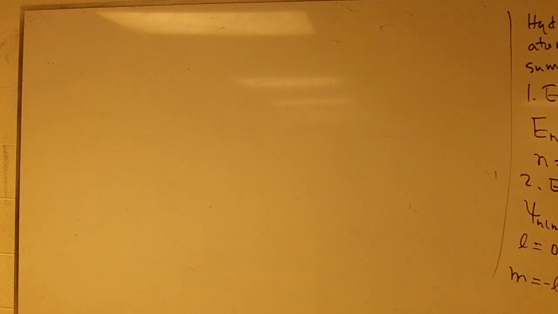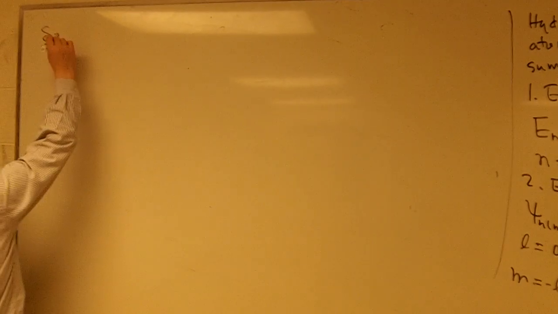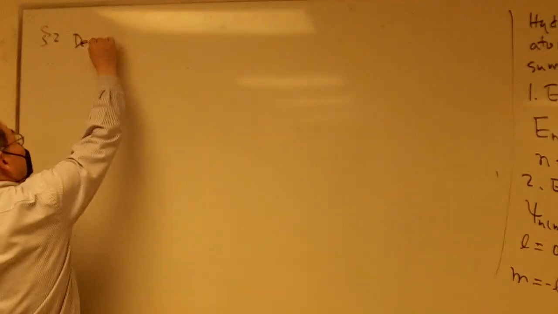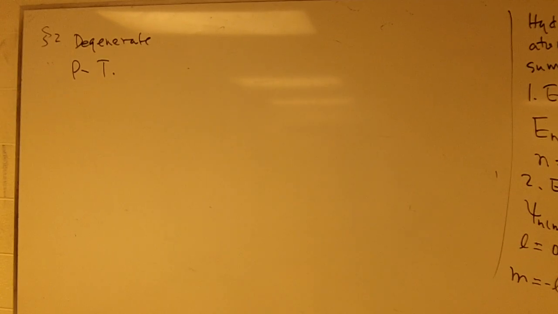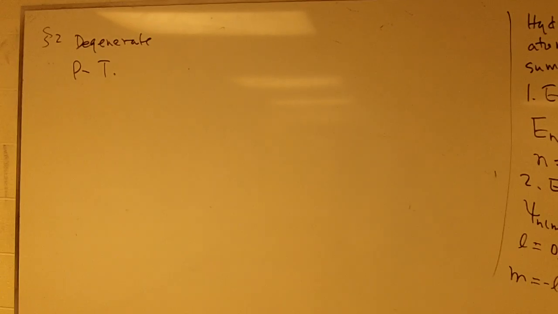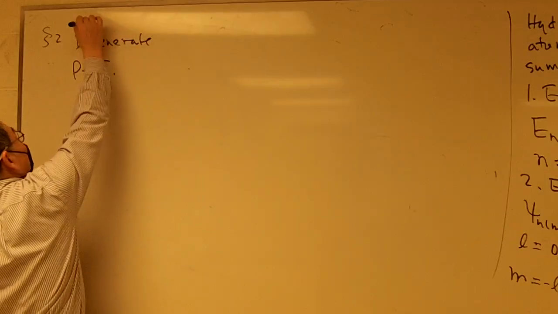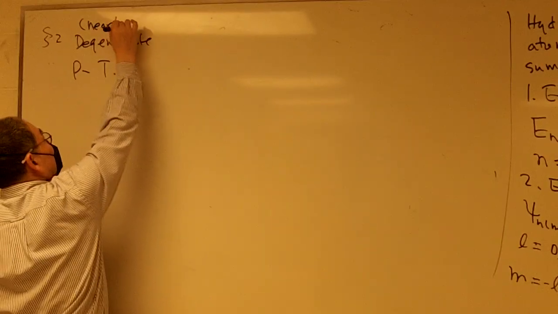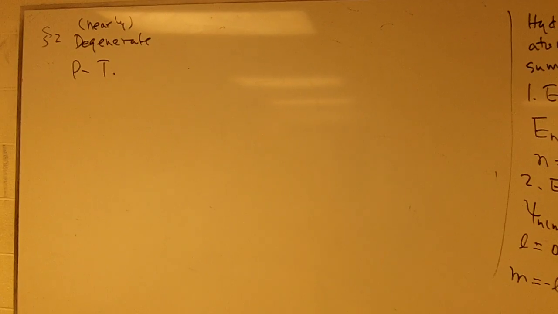This is my section number 2, degenerate perturbation theory, which I'll simply call PT. The perturbation theory now is degenerate, and this could also be nearly degenerate. It's not 100%, but yes, it's very close.